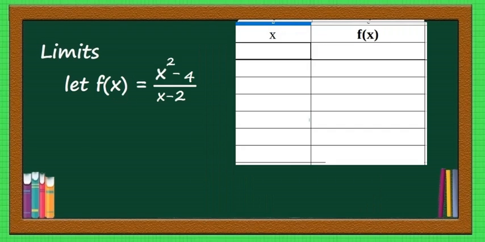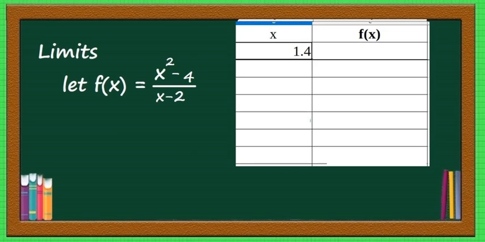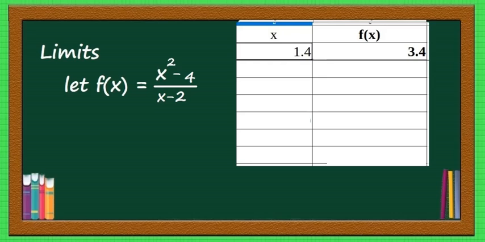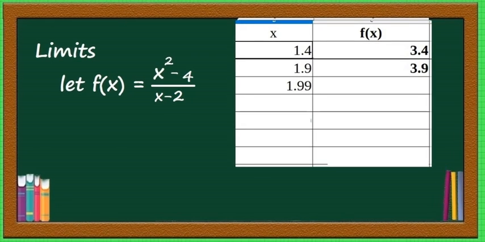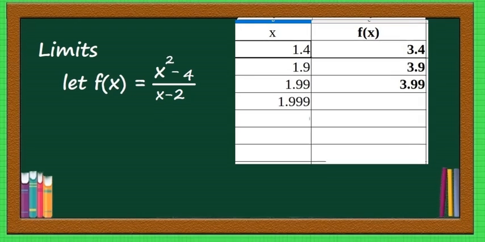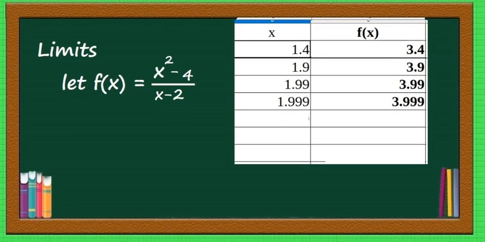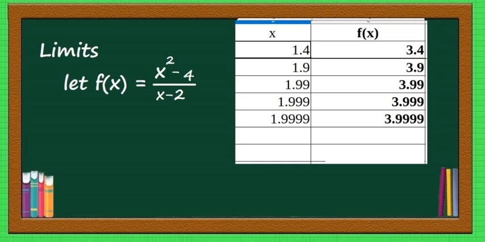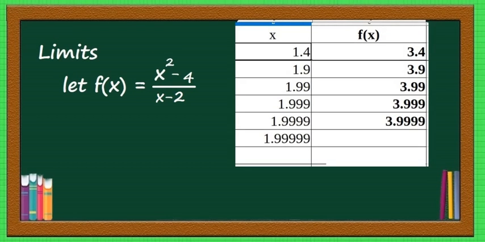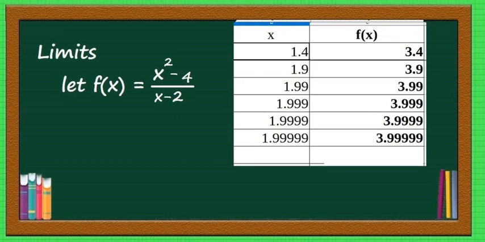Now you take this function f of x equal to x square minus 4 divided by x minus 2. Here if you take the values of x towards 2, when x is 1.4, f of x is 3.4; x is 1.9, 3.9; 1.99, 3.99; 1.999, 3.999; 1.9999, 3.9999; 1.99999, 3.99999.